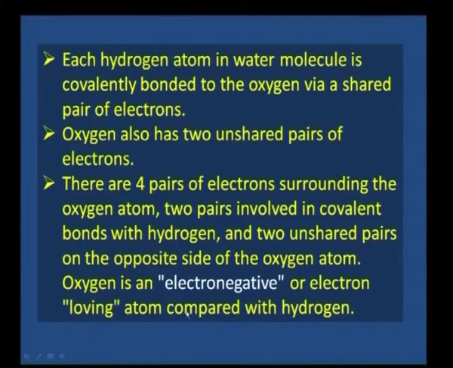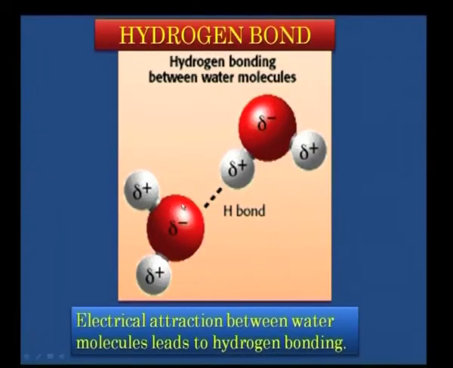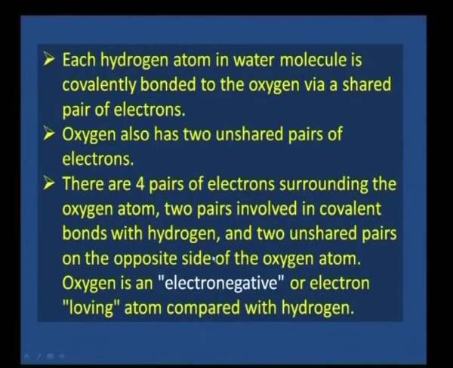So, oxygen is an electronegative, or electron loving, atom compared with hydrogen. What I am trying to tell you is, there is sharing here, sharing here. Now, there are unshared electrons here, and that is the reason why the molecule becomes a dipole. Okay.